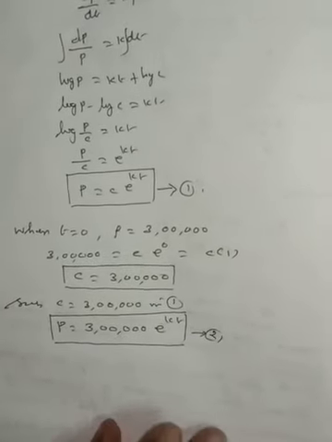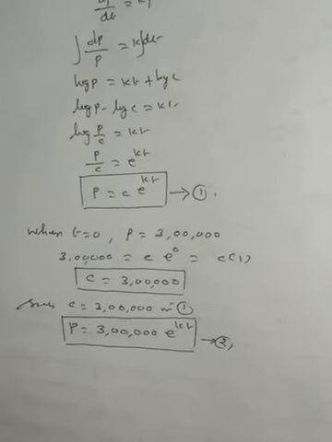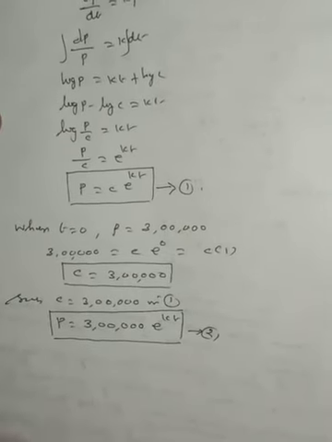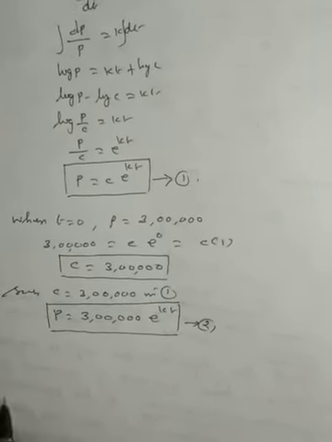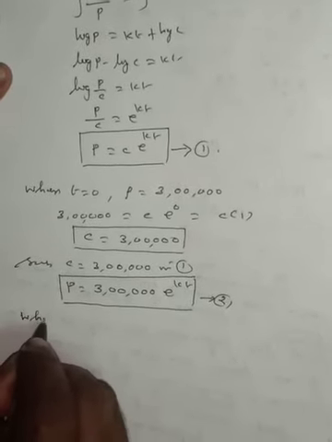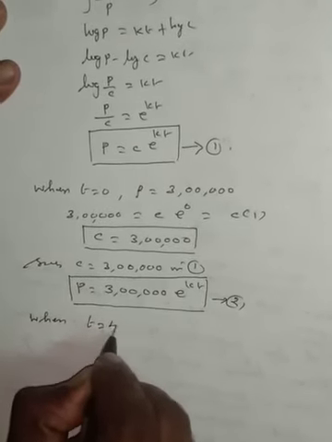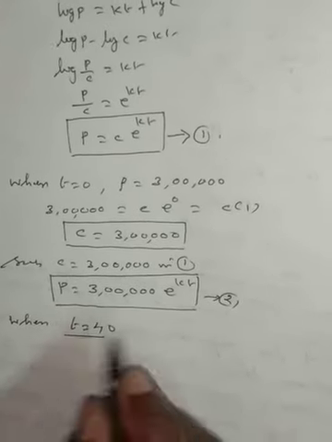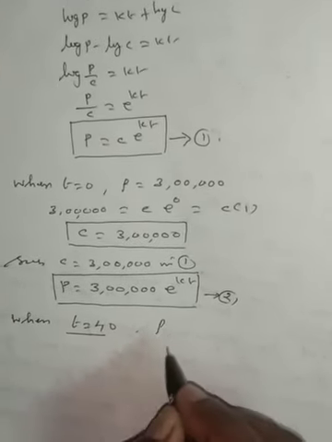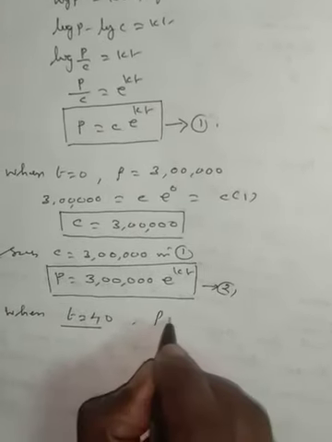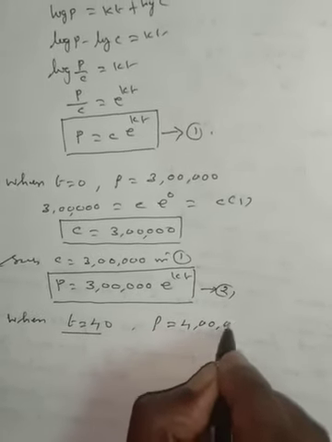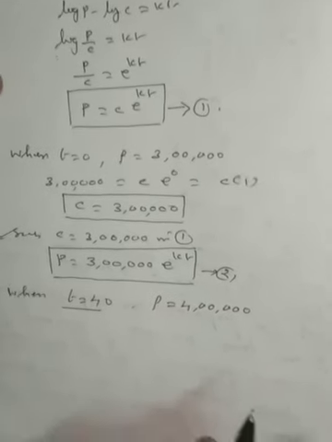When t is equal to 40, P is equal to 4 lakhs.